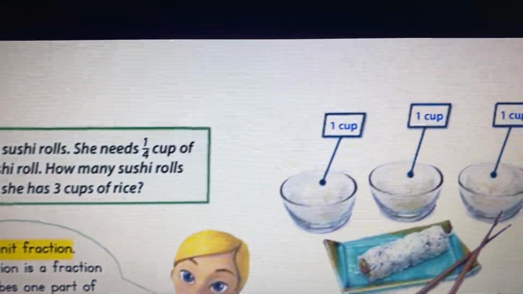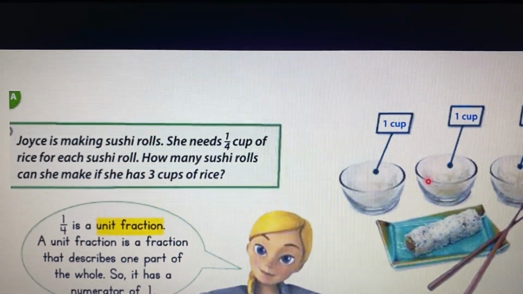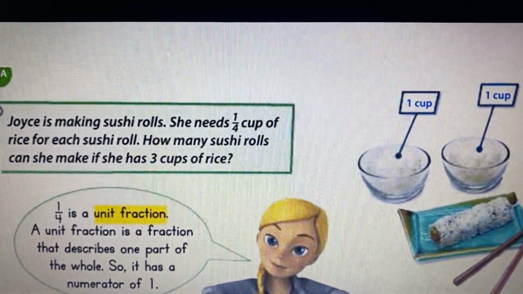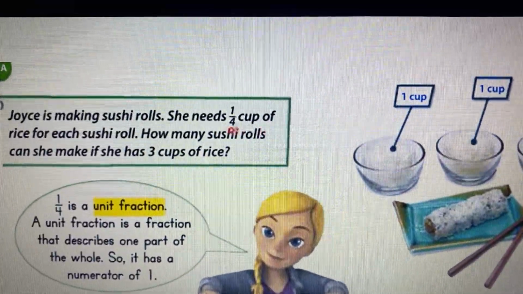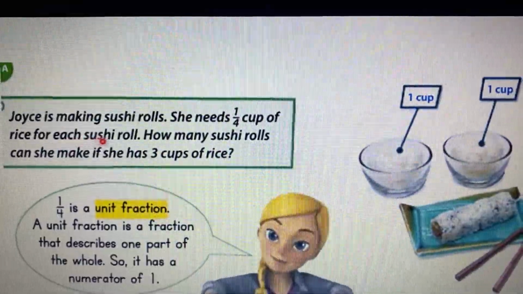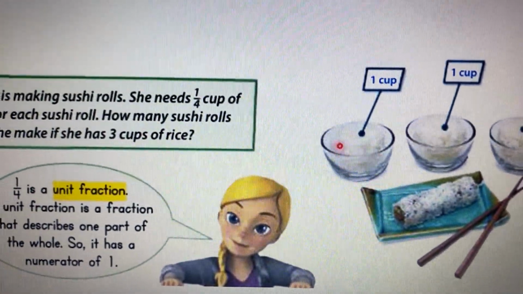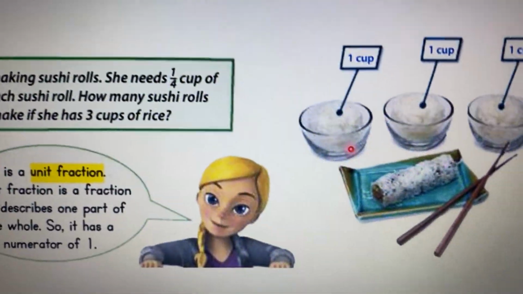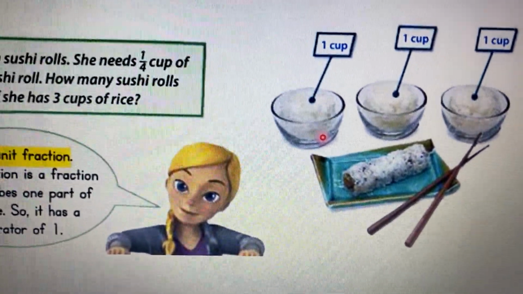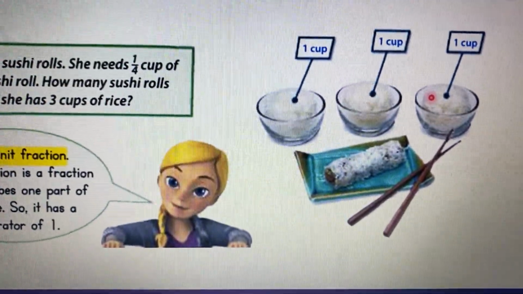Now here, they said that I have 3 cups of rice, and she needs 1/4 cup of rice for each sushi roll. Each sushi roll will need 1/4 of a cup, for one roll.